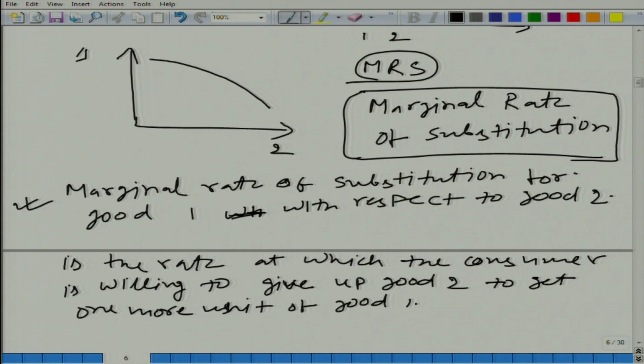Since it is a rate, let me reverse this: the marginal rate of substitution for good 1 with respect to good 2 is the rate at which the consumer is willing to exchange good 2 to get one more unit of good 1, whether the consumer is giving up or taking good 2 to reduce the amount of good 1 by 1 unit.